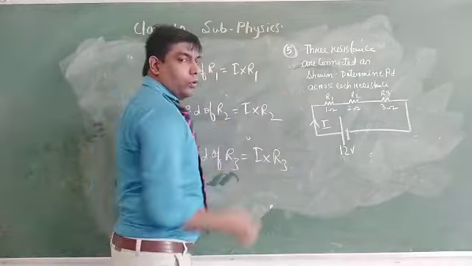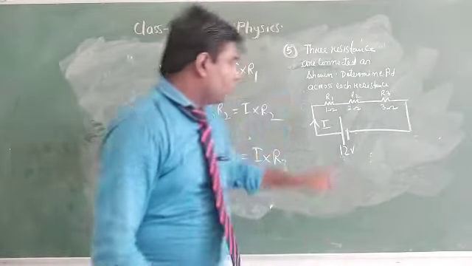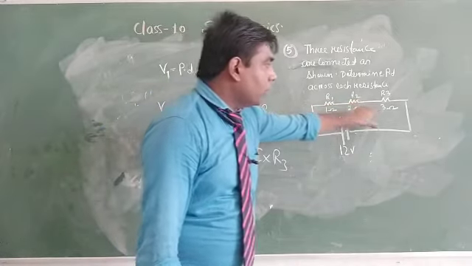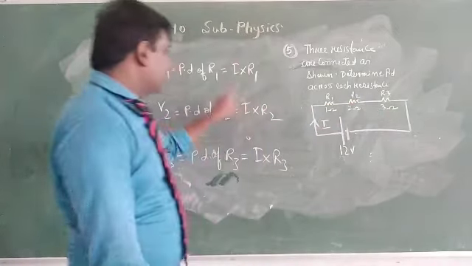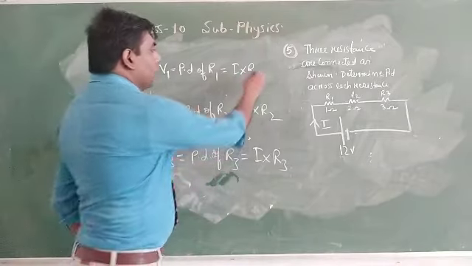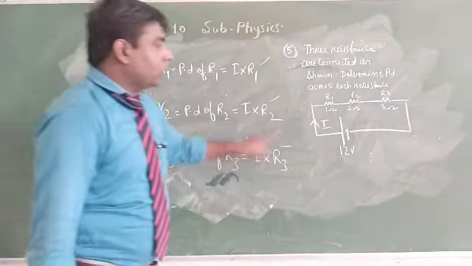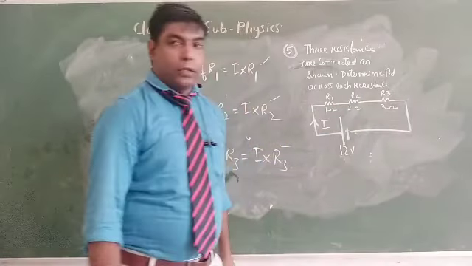See, according to Ohm's law, what is V? I into R. So here V1 will be I into R1, V2 will be I into R2, V3 will be I into R3. This will be done. Now you know R1, R2, R3, but you have to calculate I. Now see, all these resistors are connected in what? Series.